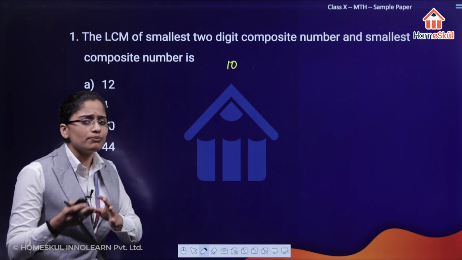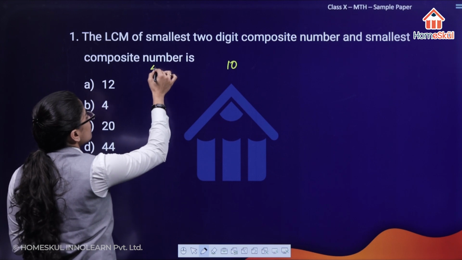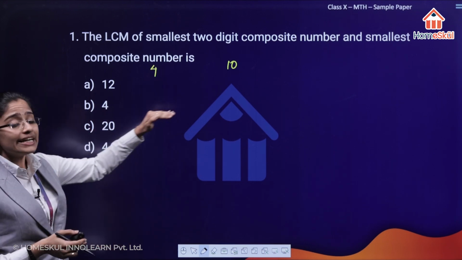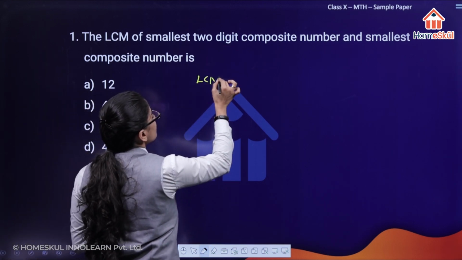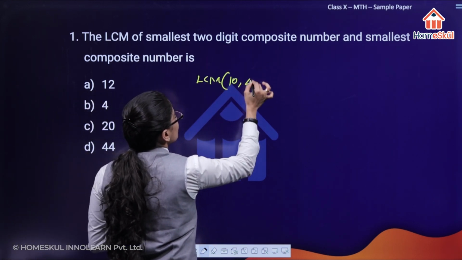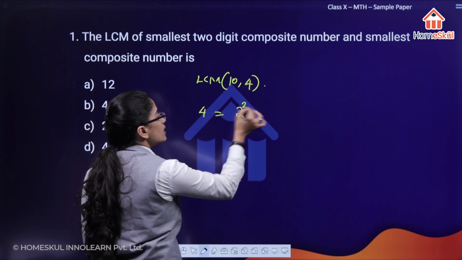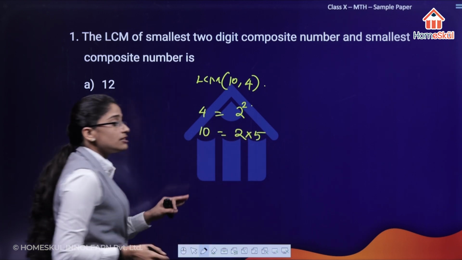What about the smallest composite number? 2 is prime, 3 is prime, 4 is the smallest composite number, isn't it? So, in short, we need to find out the LCM of 10 and 4. We could write 4 in terms of prime numbers as 2 square. 10 could be written as 2 times 5 as a product of primes.